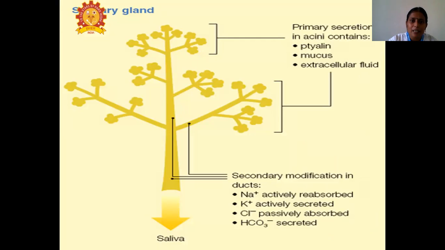The primary secretion secreted by the acinar cells is isotonic to plasma, and when it passes through the duct, the ionic composition is modified and becomes the secondary secretion. Sodium is actively reabsorbed, potassium is actively secreted, chloride is passively absorbed, and bicarbonate is secreted.